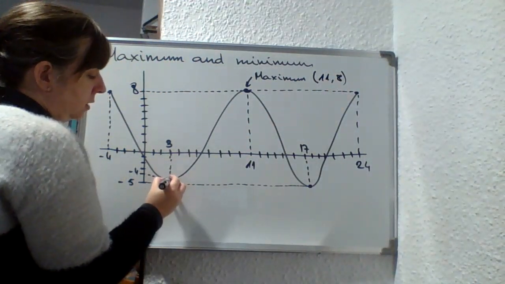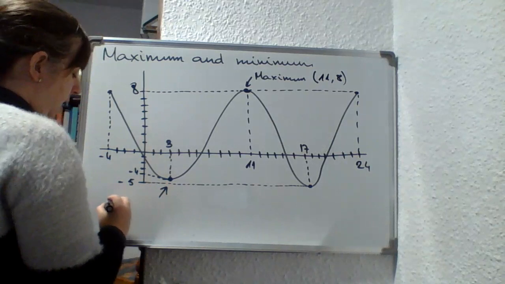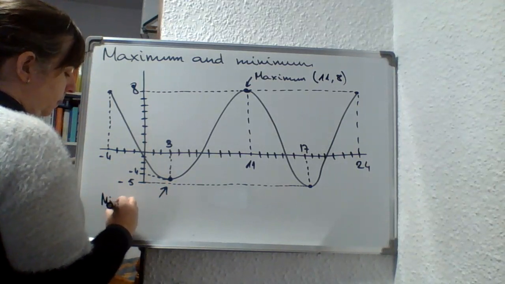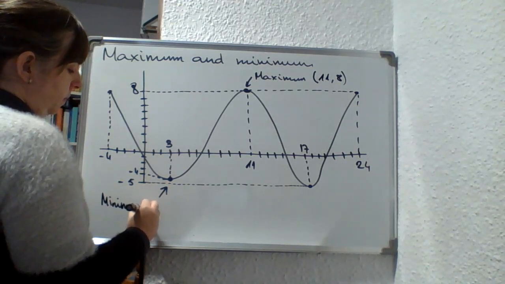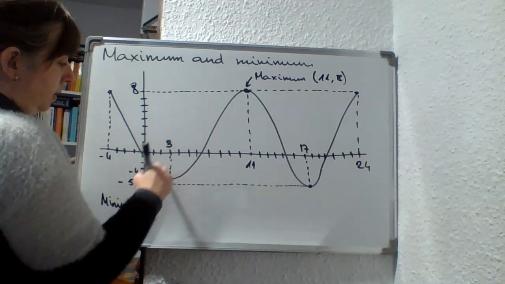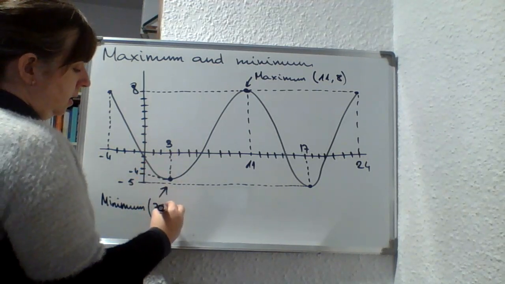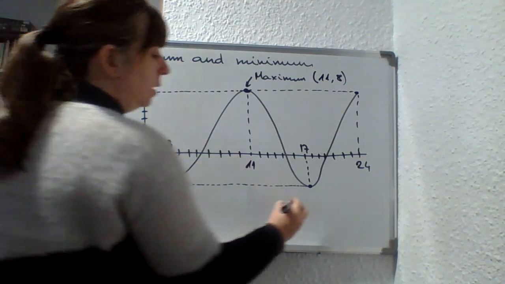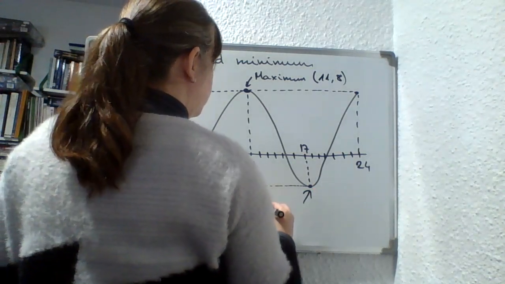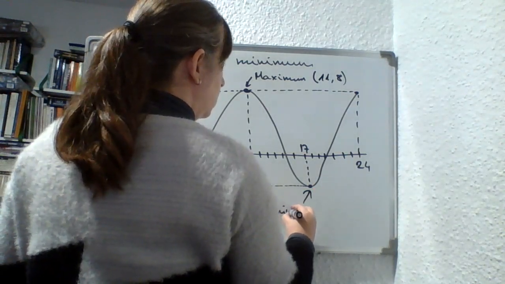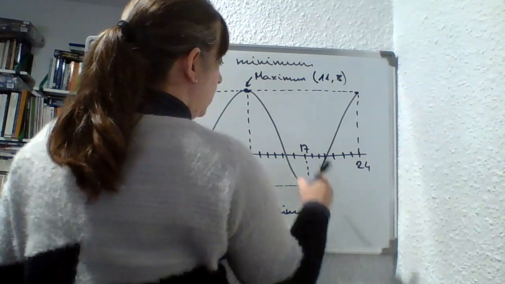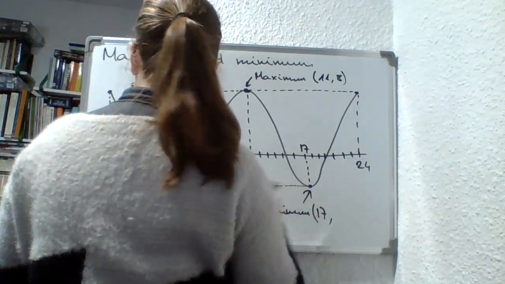It is obvious that here I have a minimum. A minimum in 3, minus 4 and a minimum in 17, minus 5.